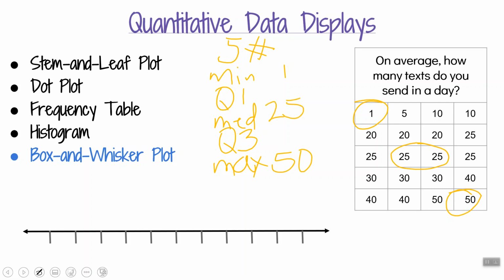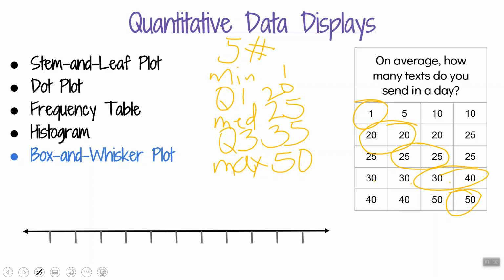1, 2, 3, 4. The average between the 5th and 6th value, 20 and 20, is 20. And the median of the upper half, 1, 2, 3, 4, 5. Median, you're going to have to find the average between 30 and 40, which gives you 35.